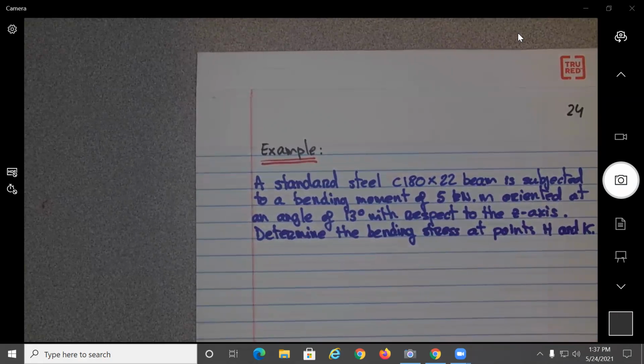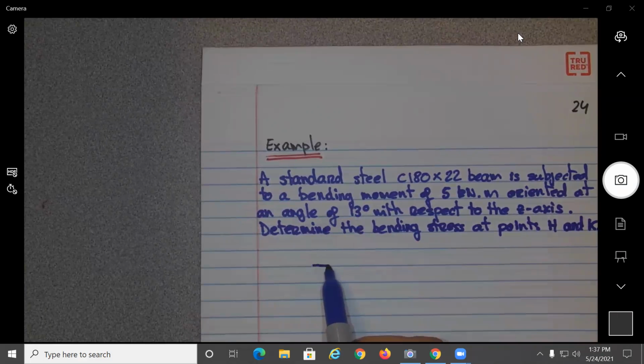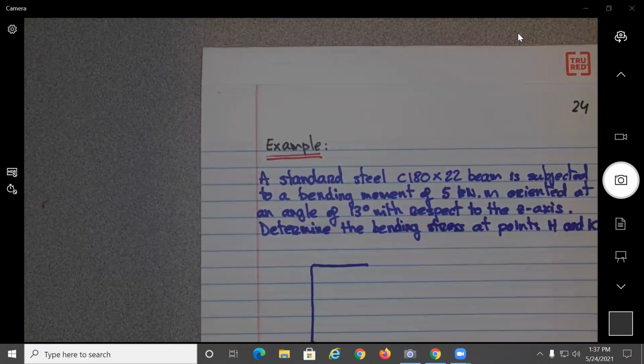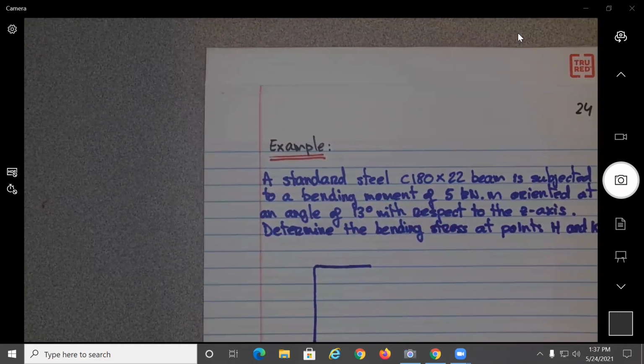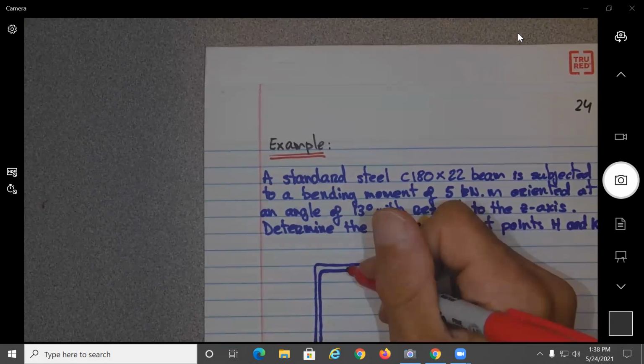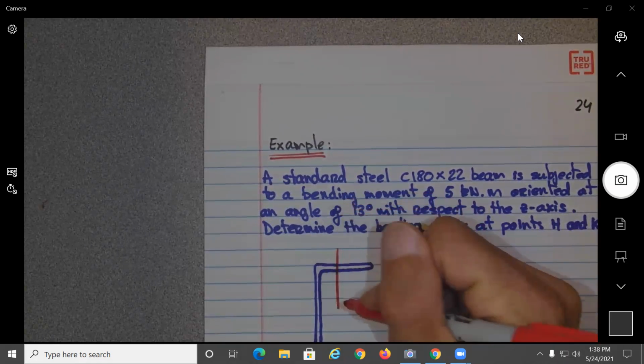Okay, and basically you have the figure over here of a C channel. Okay, so in this case, the CG probably will be somewhere over here.